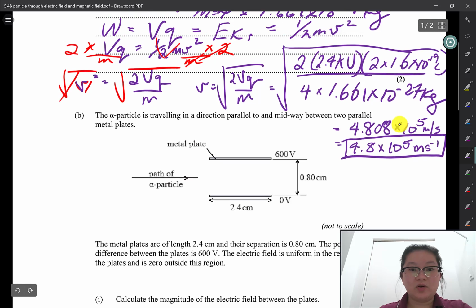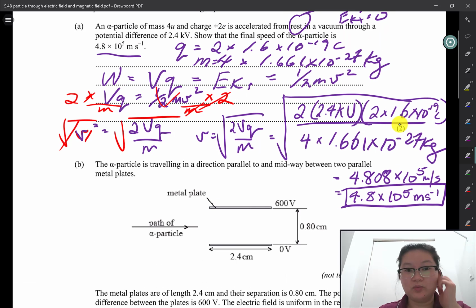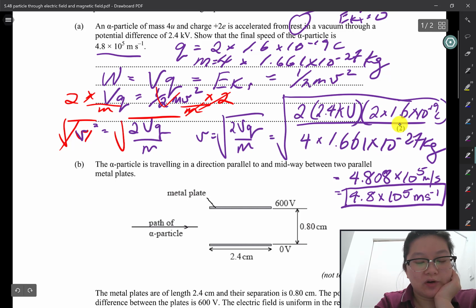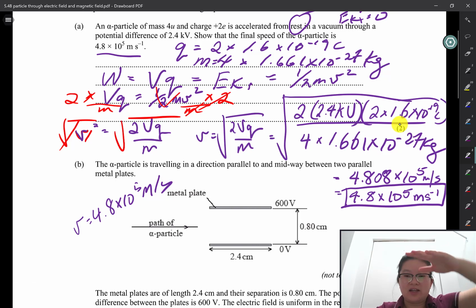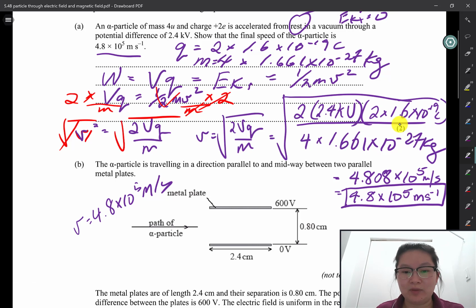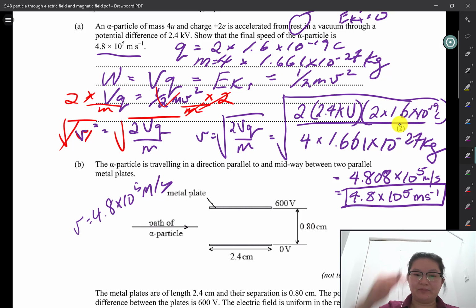Whew. So we are going to assume here this alpha particle is traveling in a direction parallel and midway between 2 parallel plates. So it looks like this alpha particle is accelerated to the speed of 4.8 times 10 to the power of 5 meters per second before it goes through another set of parallel plates. But the direction of these plates are up and down.